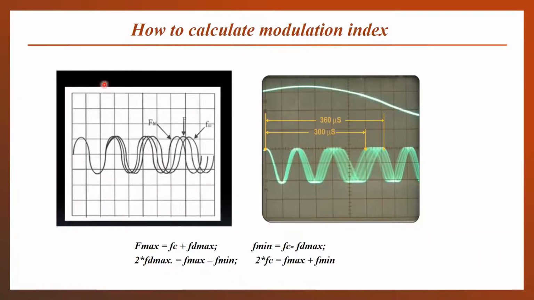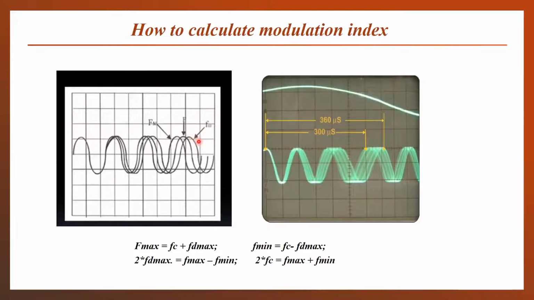This is the theoretical diagram shown here. According to the Bessel function, the center or mid frequency is our carrier frequency, and the frequency present at the leftmost side is called the maximum frequency deviation, and the frequency of the cycle present at the rightmost side is called the lowest frequency deviation.